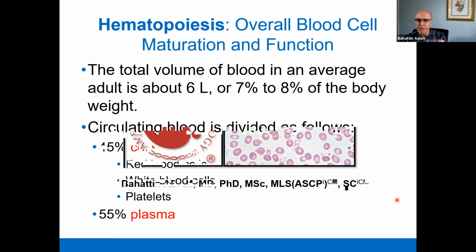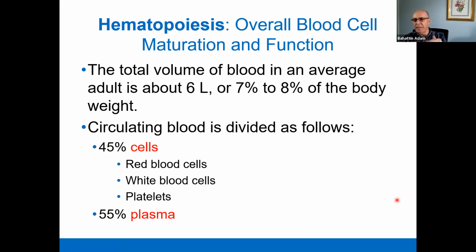And you know from the previous lectures that about 45% of the blood is cells, and 55% is the plasma, the fluidic portion of blood. It can be either plasma or serum, okay? And the main cells, you know, are red cells, white cells, and platelets, which we are going to discuss today deeply.